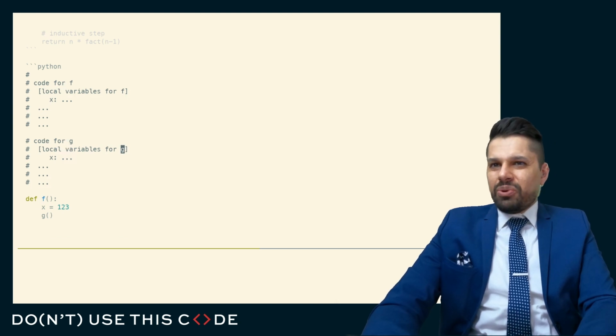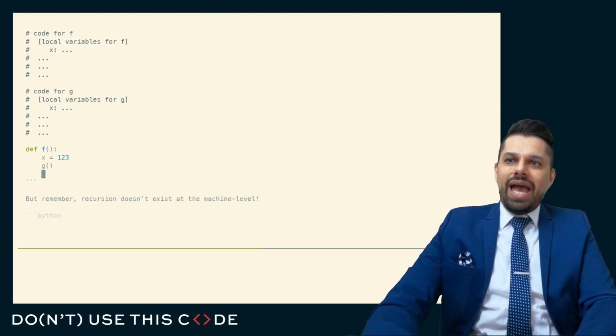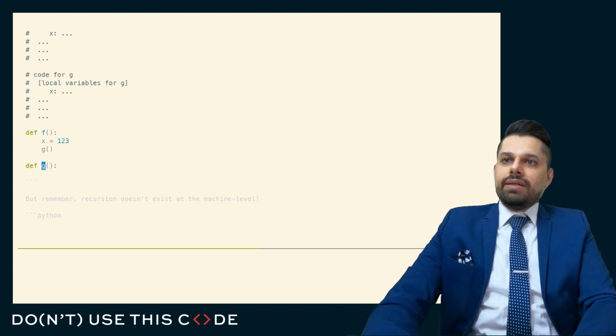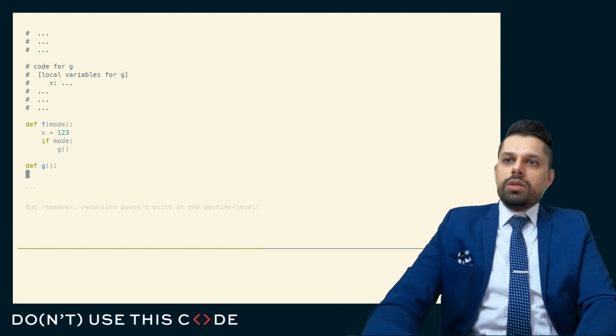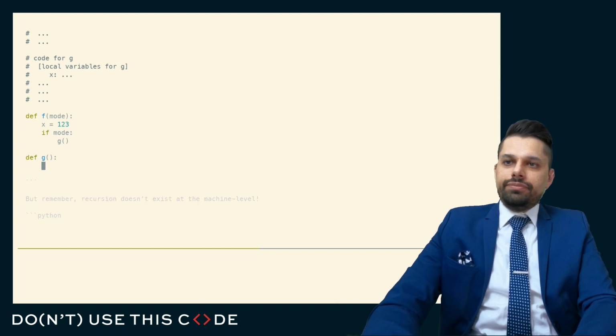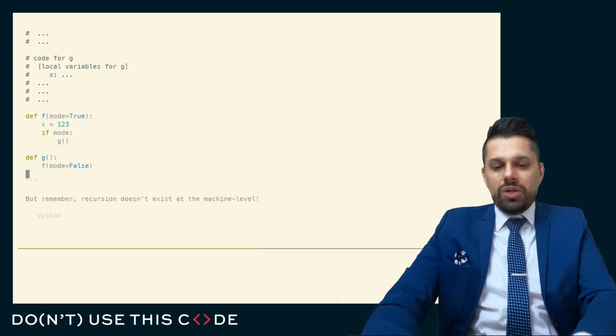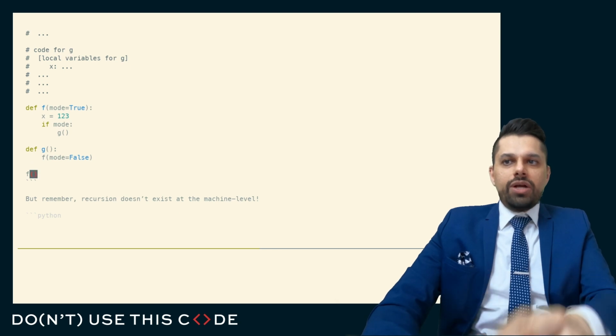But it seems pretty clear from this that if we actually had it the case that, and let's give this a flag, so we'll say if mode, we'll jump into here. And then here, we'll jump back into f. And here, we'll set mode equal to false. By default, we'll have this equal to true, so that way we don't keep going back and forth. We don't cycle forever.